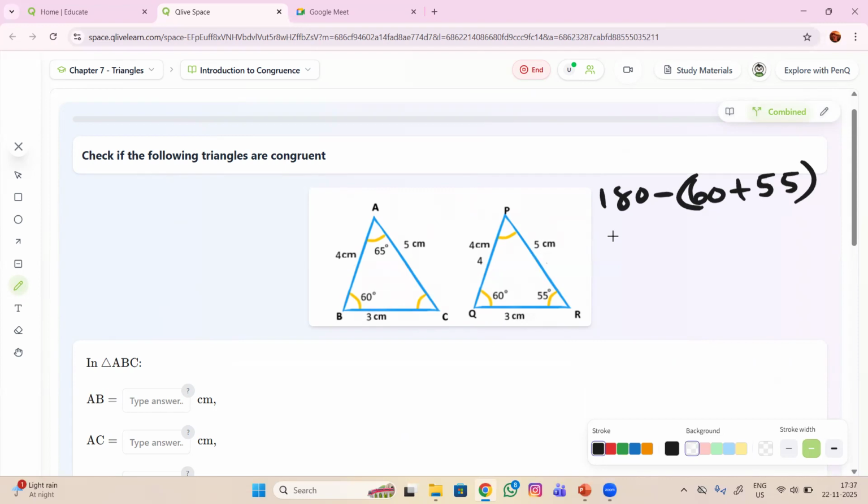From doing this, we just add 60 plus 55. The answer is 115.